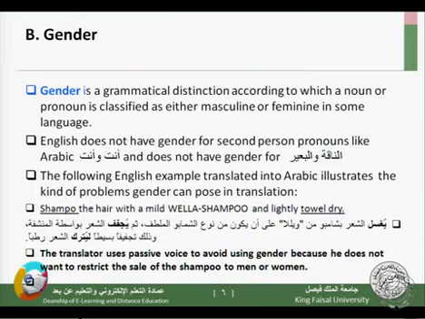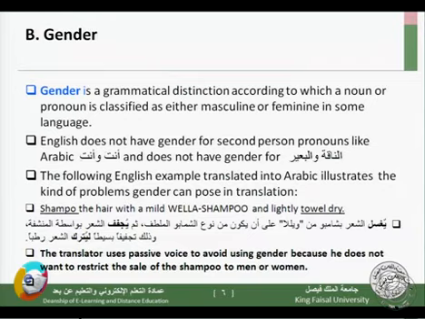You Hajar is a good student. Now when you say Hajar or you Batul is a good student, Batul means a female.